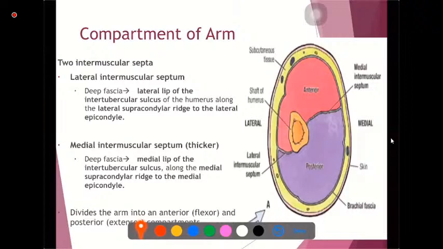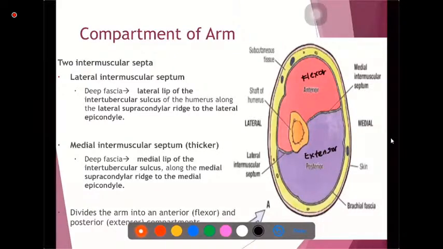So now you have an anterior compartment and a posterior compartment. Another name for the anterior compartment is the flexor compartment, and for the posterior compartment, the extensor compartment. Whenever you see compartments in your limbs, whether upper or lower limb, generally the muscles in that compartment have the same action.